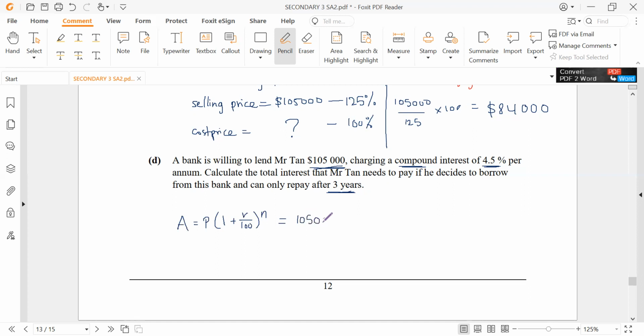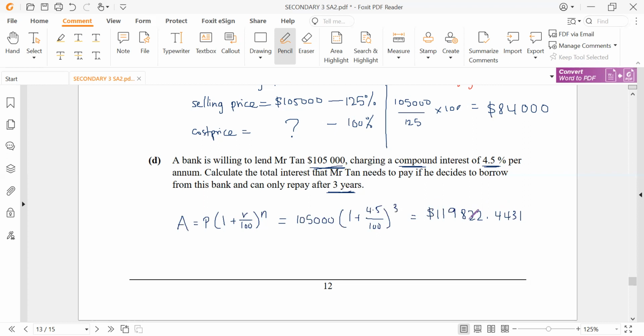So $105,000, 1 plus 4.5 over 100 power 3. So there's a total of $119,822.4431.